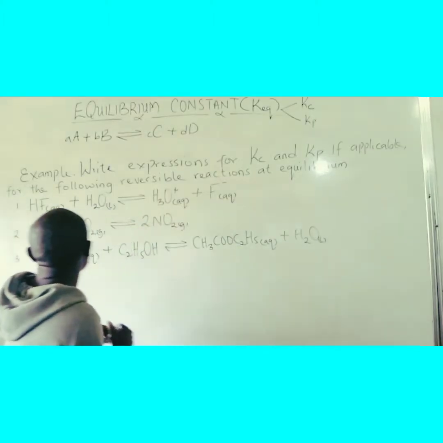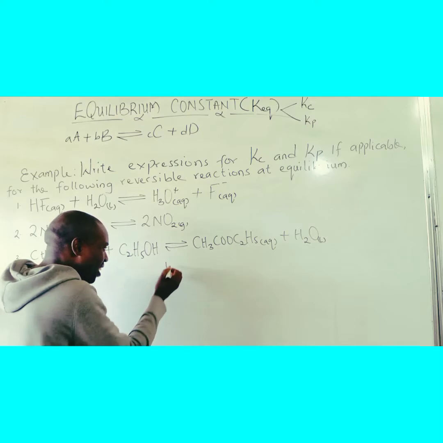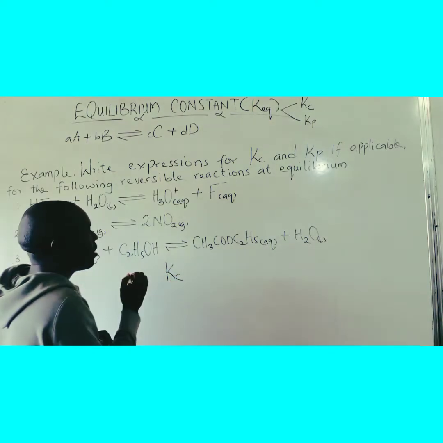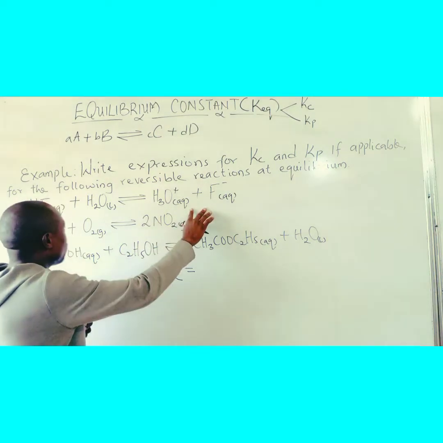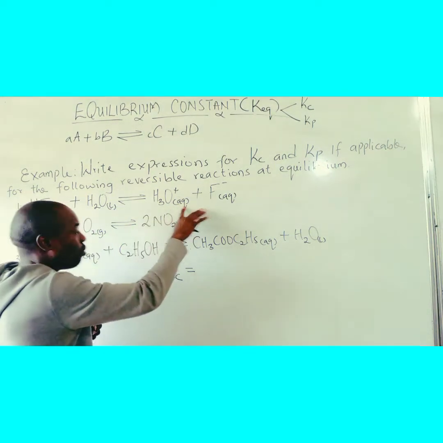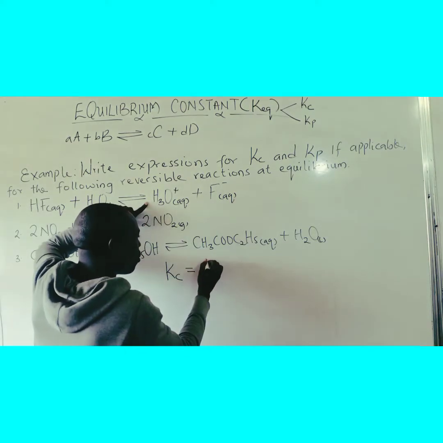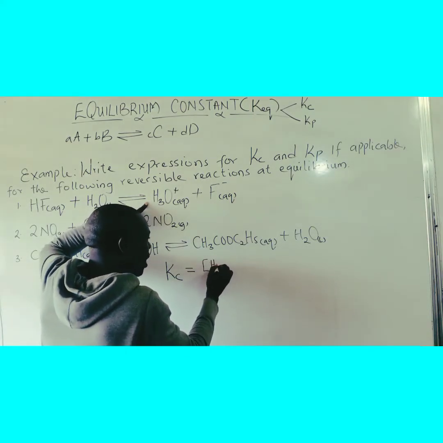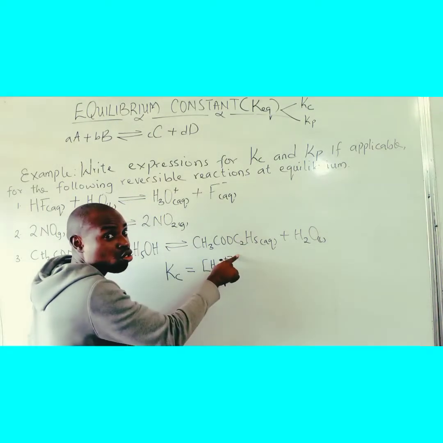So we take the first one, which is example 1. Kc is equal to, remember, the rate of the forward over the rate of the backward. Now, the concentration of the hydronium ion, please do not take this one outside, it goes together. That is a mistake you often make.